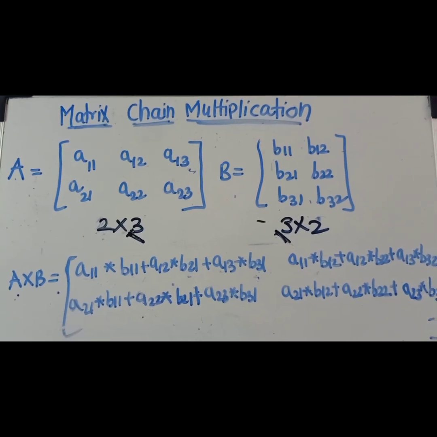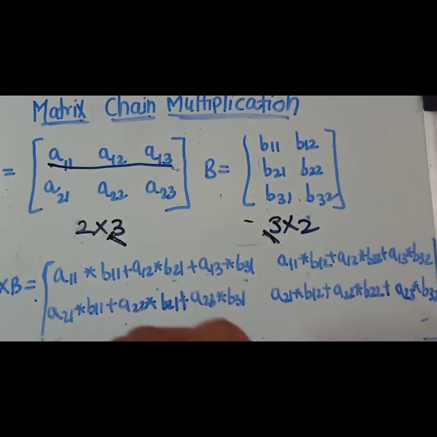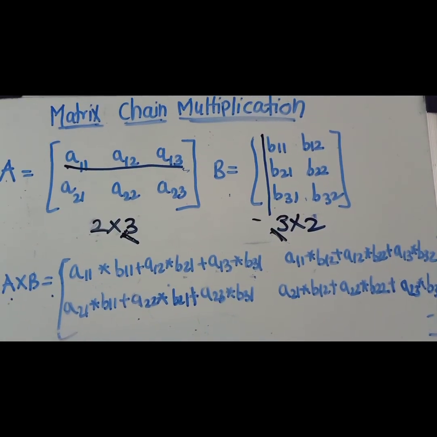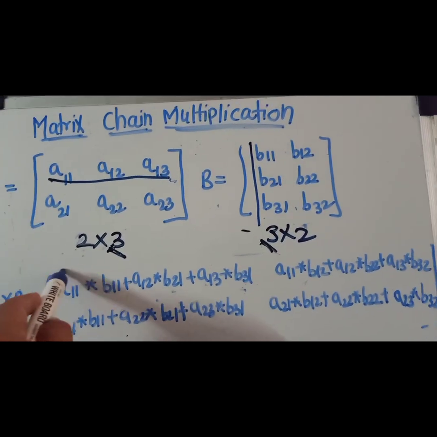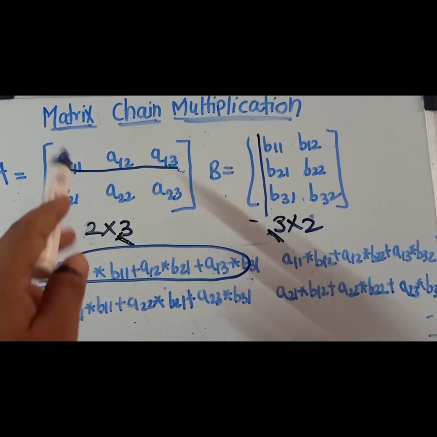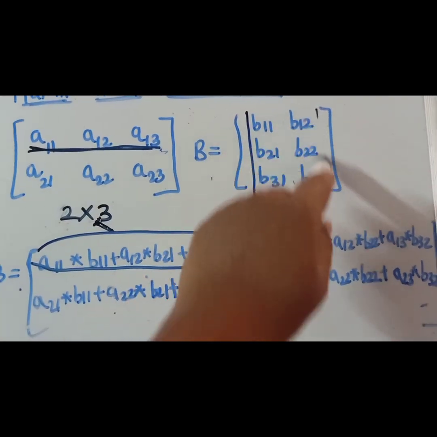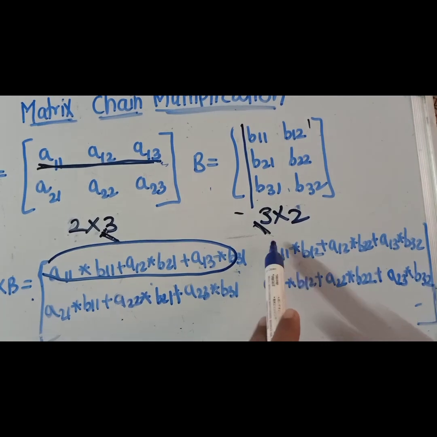Now how are we actually going to multiply it? This is the first row of the first matrix. It will be multiplied with the first column of the second matrix. This will be computed as this value. In the second one, we are multiplying the first row of the first matrix with the second column of the second matrix, so we get this particular result.